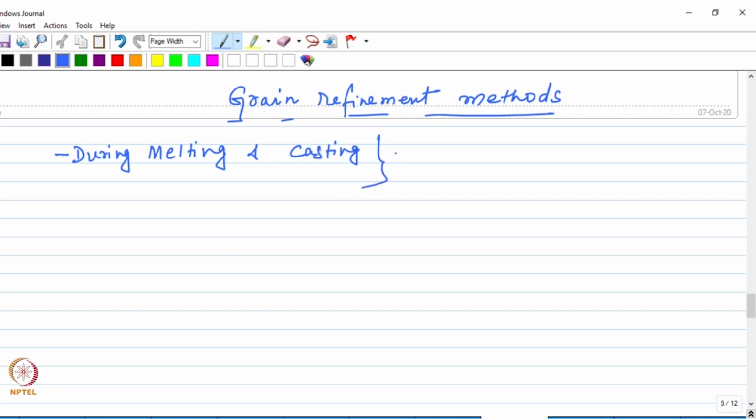And in this case, you need to consider the solidification behavior of the material as to what can be done so that it is modified in a manner which will lead to a fine grain size.